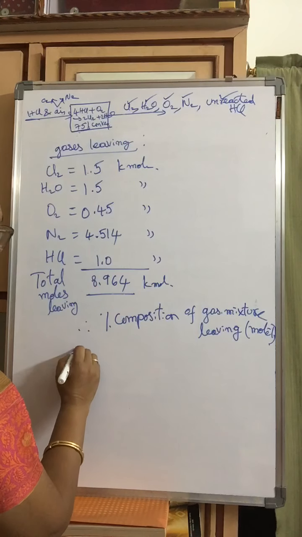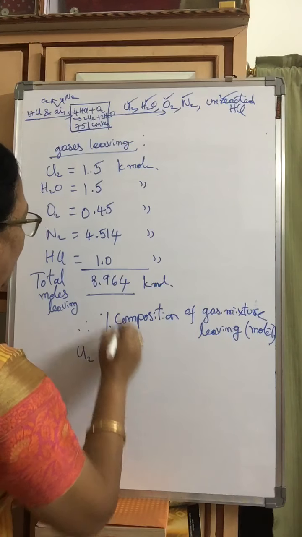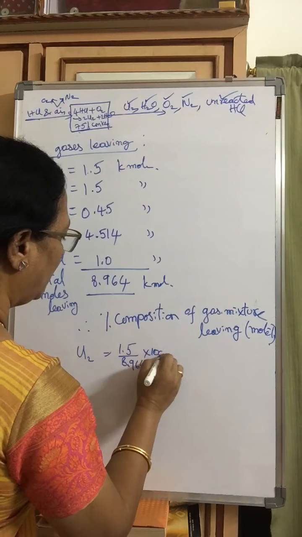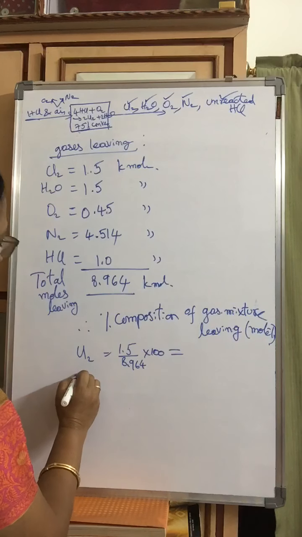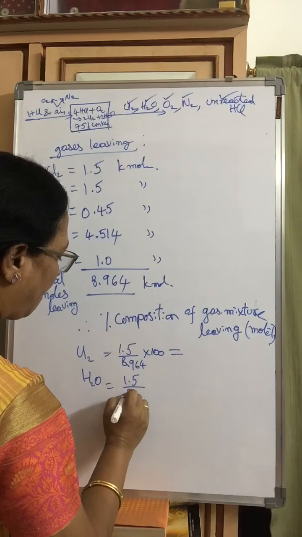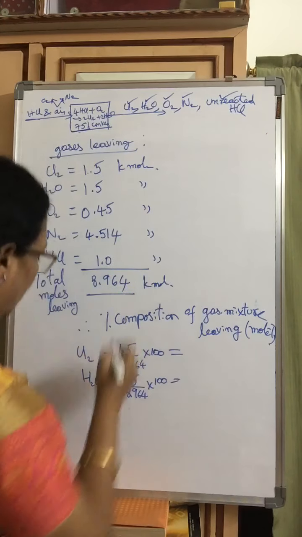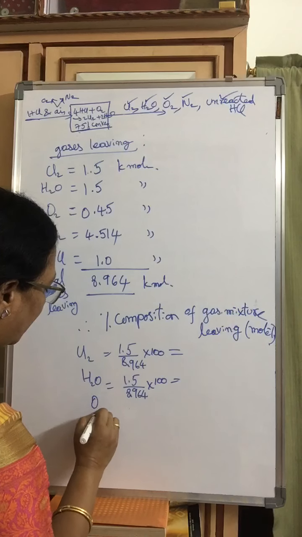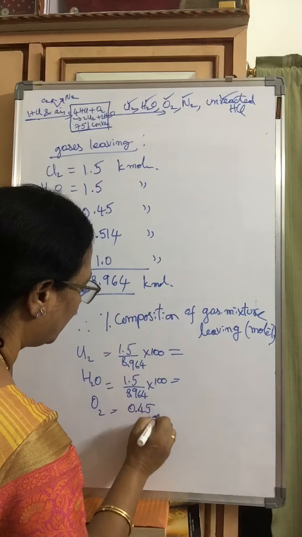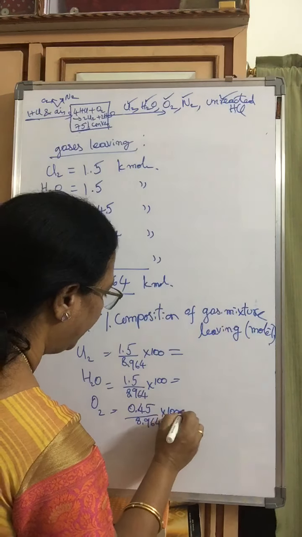Chlorine is 1.5 by 8.964 into 100. Water the same. Oxygen is 0.45 by 8.964 into 100.